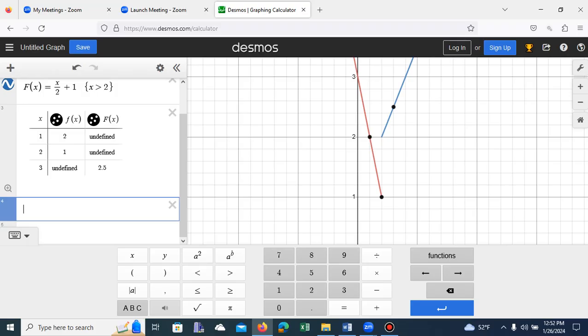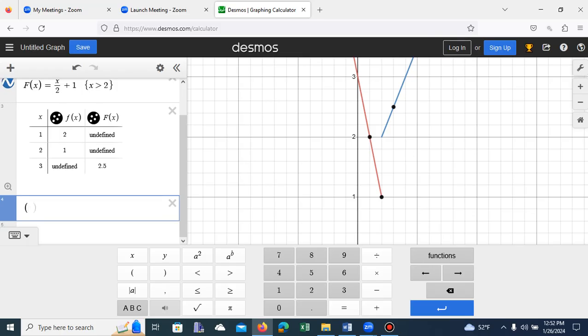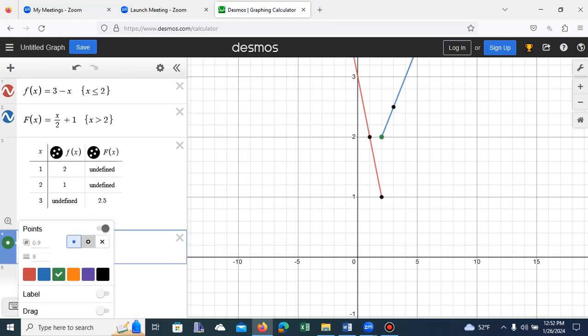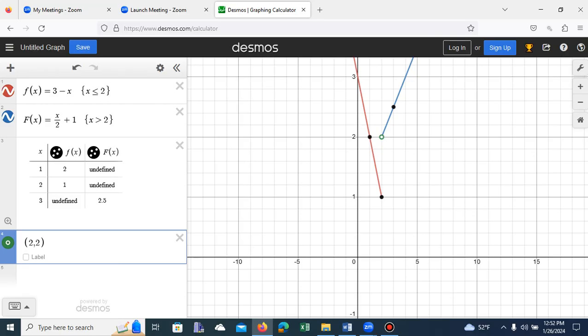The point that's not included is our 2, 2. That's an open point, and it's not included because that part of the graph is not in the actual domain of f of x. But we see there is the jump between the two.